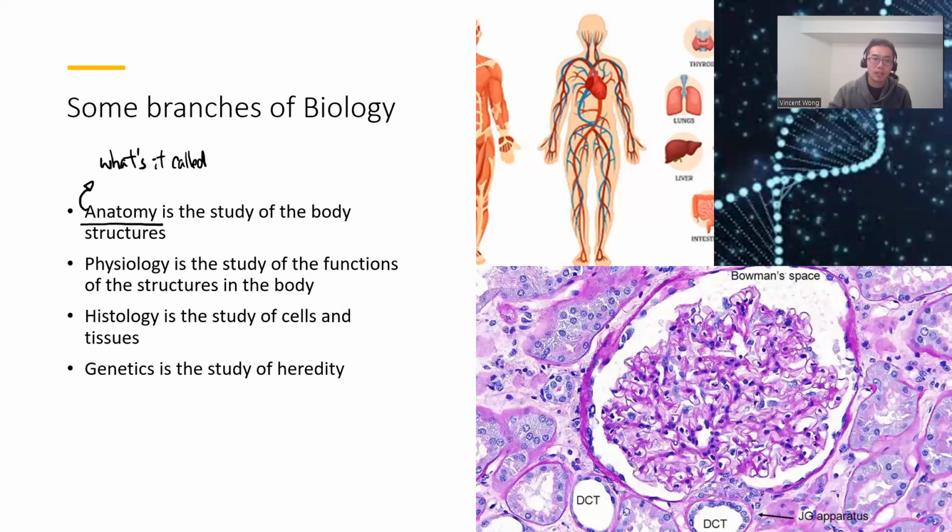What is it called? Physiology is another branch. This is what does it do? So we know that it's called the heart. We know the heart has some valves in it. What do the valves do? So the studying of the function, that would be physiology.